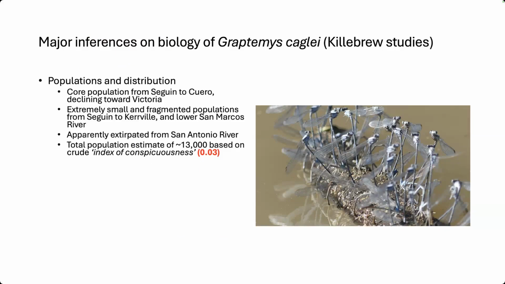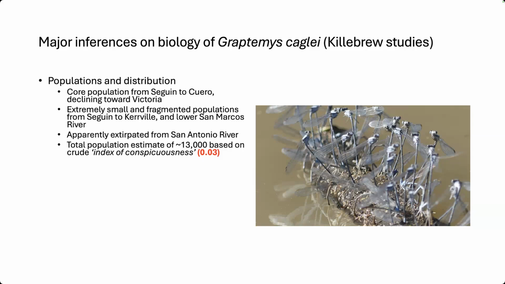Upstream of Seguin, they considered Graptemys caglei to exist in extremely small and fragmented populations, all the way up to Kerrville, and also some very small populations in the lower San Marcos River. They also did some surveys in the San Antonio River and considered Cagle's map turtle to be extirpated from the San Antonio River. I'll discuss this in a minute.